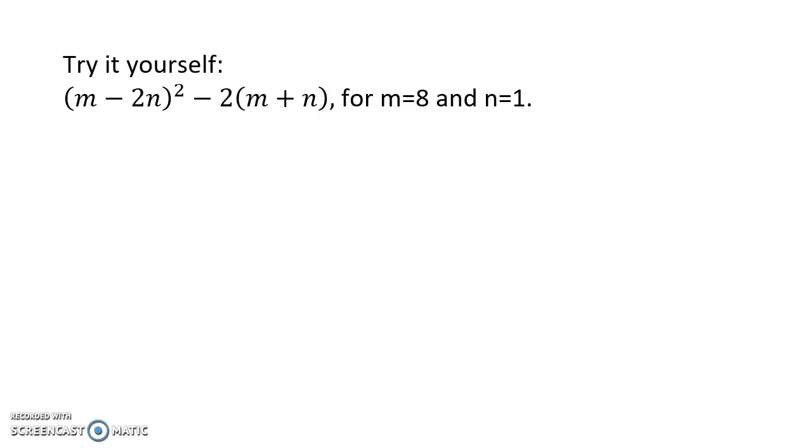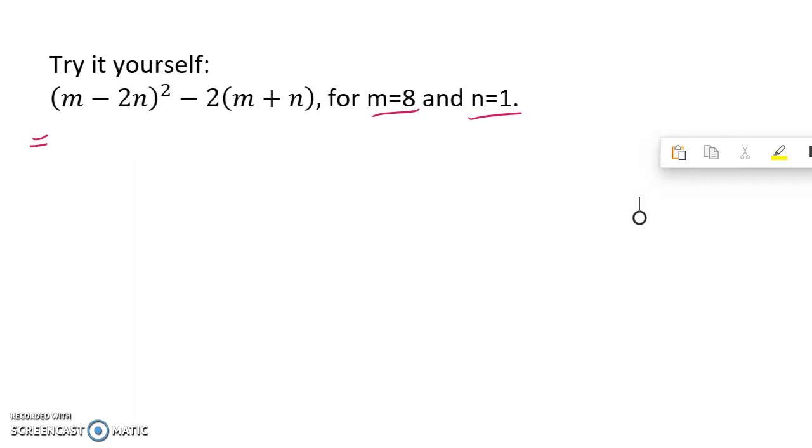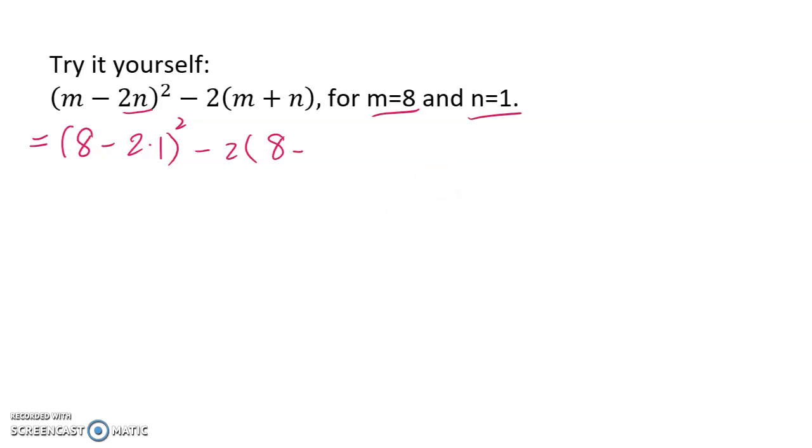All right, to evaluate this expression, first we plug in the two given values for the variables. So m is 8, n is 1. Let's plug in. M is 8 minus 2n, which means 2 times n. So (8 − 2 · 1)² − 2(8 + 1). Again, n is 1. So first step, plug in the numbers.